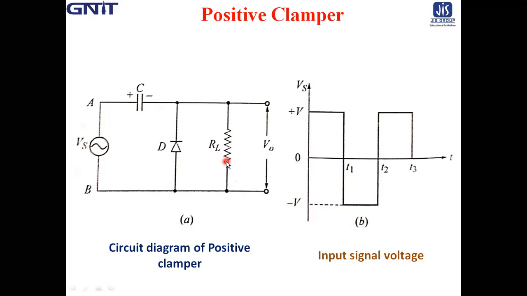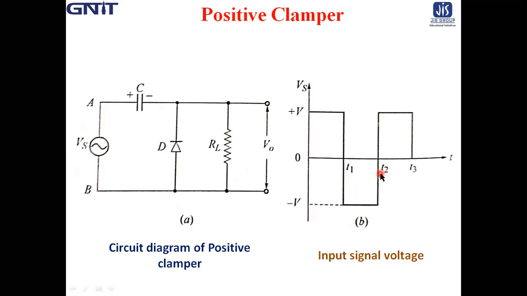Say the diode is forward biased during the negative half cycle of the input signal, between say T1 and T2. The diode behaves like a short and conducts.